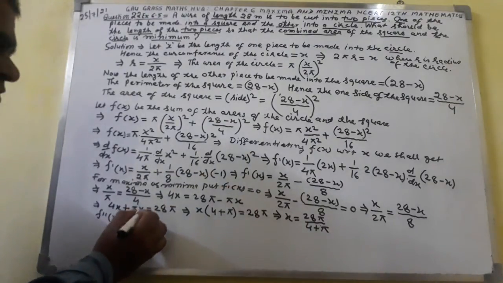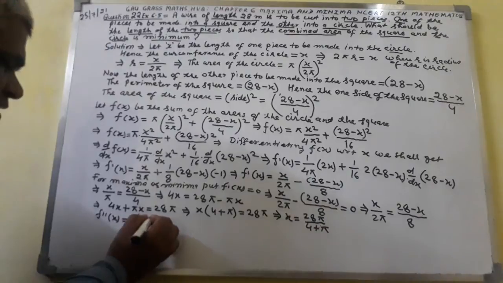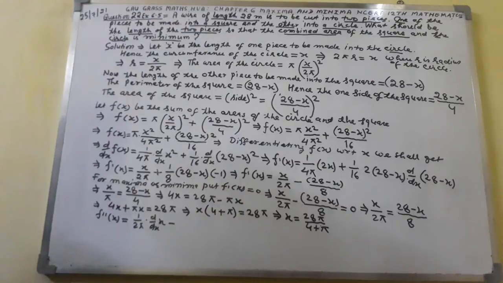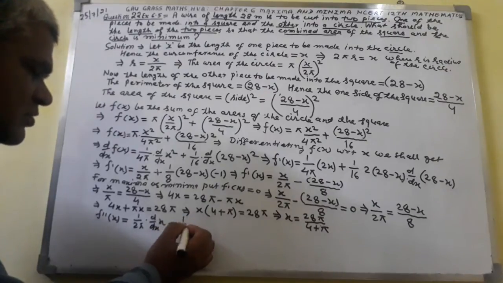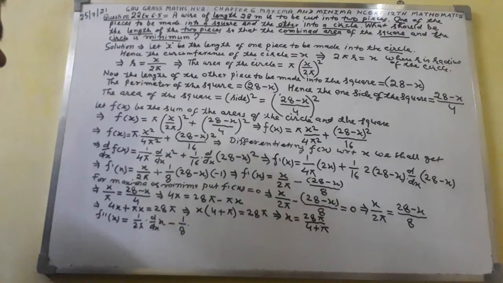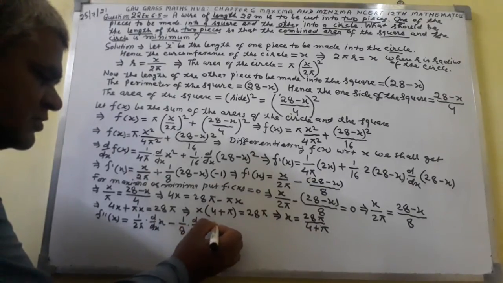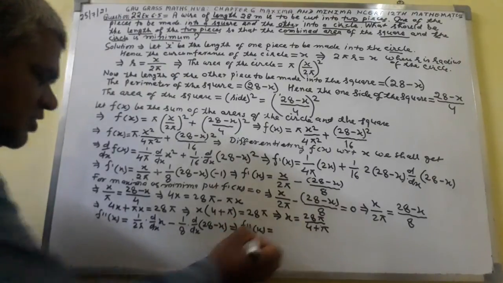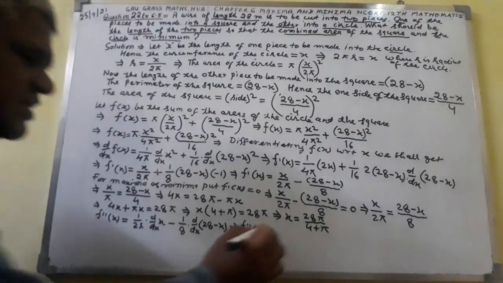So here you will get 1 over 2 pi dot d over dx of x minus 1 over 8 d over dx of (28 minus x). f double dash of x equal to, d over dx of x comes out to be 1, so 1 over 2 pi I shall get.